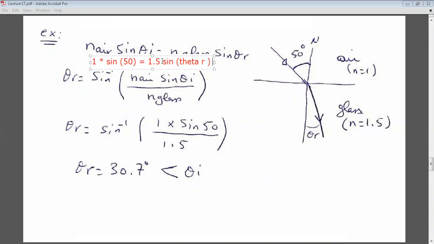And then I take sine inverse, because here I have sine of theta R. So I get theta R equal to 30.7.